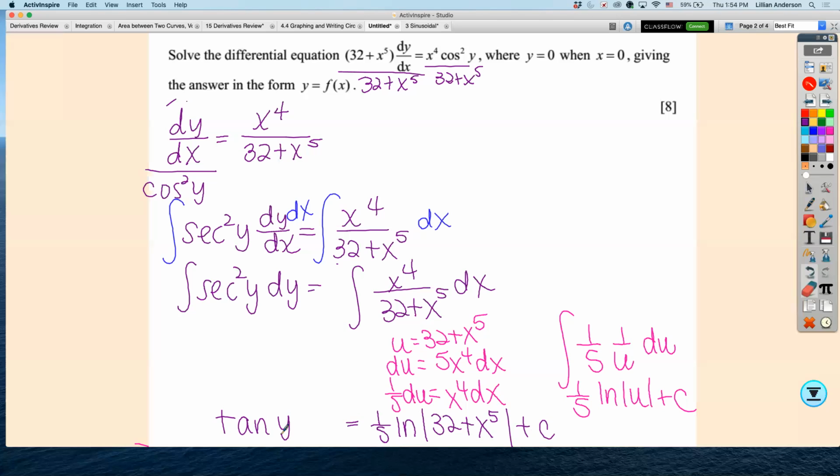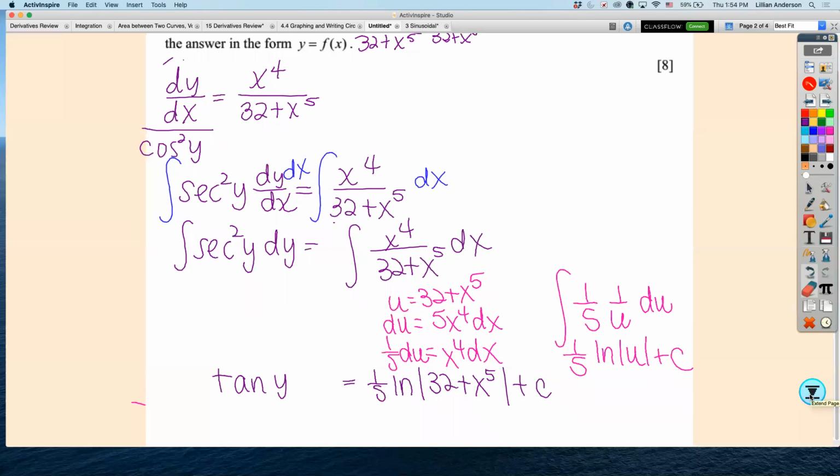So then from here we solve for y. So y is going to equal what? Exactly. Arctangent, or basically the tangent inverse, of 1/5 ln of 32 plus x to the fifth.